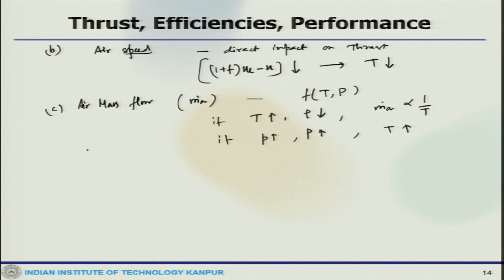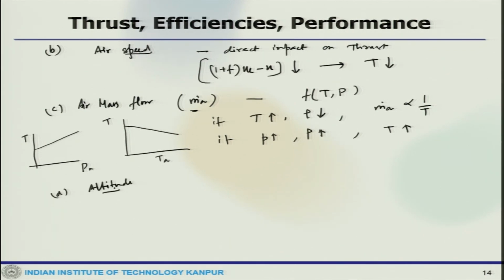One can quickly see what happens if this is my thrust and this is P A, this is how it increases. If this is T ambient and this is my thrust, this is how it decreases. So, the air mass flow rate has an important impact on the thrust, but this also depends on the ambient pressure and temperature. Then the altitude.